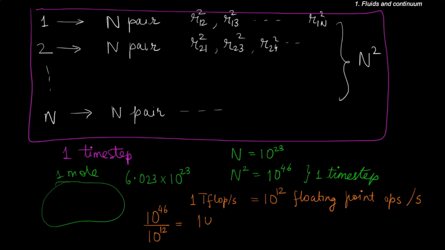This comes out to be 10 to the power 34 seconds. And if you convert this into years, you will see that it is a really large number of years. So essentially, to simulate 1 mole of a gas over one time step, you will need a huge amount of time, which is not at all feasible.